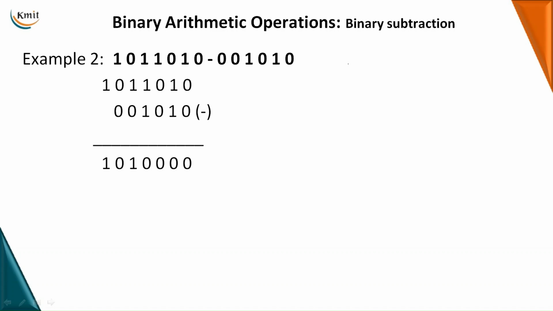So let us take one more example. Here I have a number 1010. I have to perform 1010 minus 011. So if you look at this, here 0 minus 1. So 0 minus 1, I have to take a borrow from the next number.